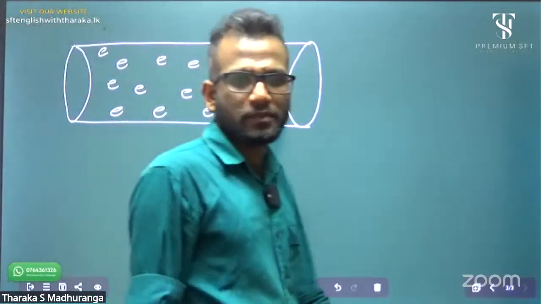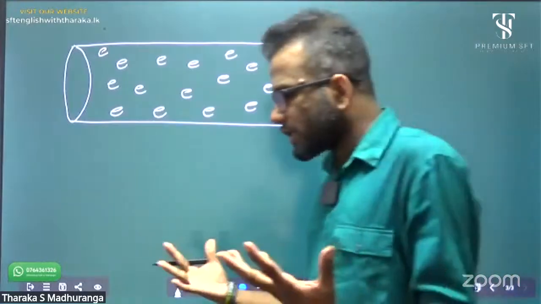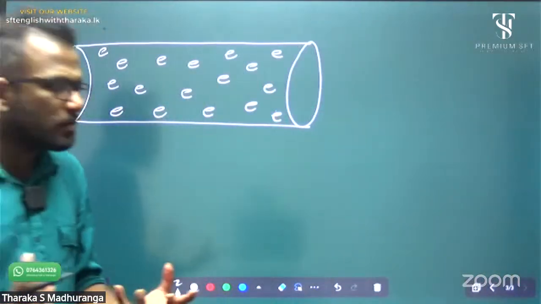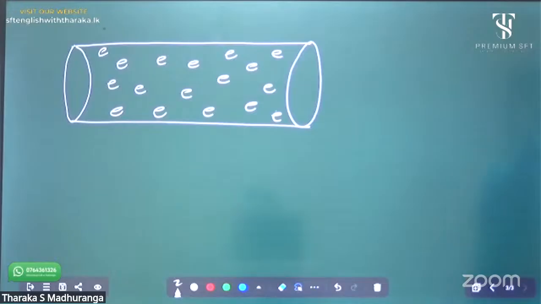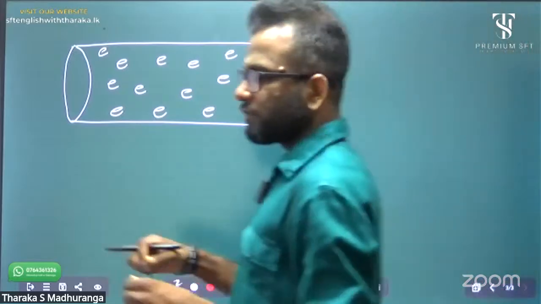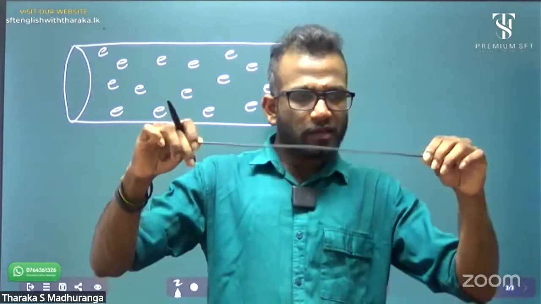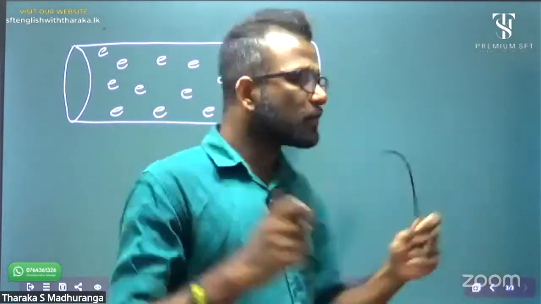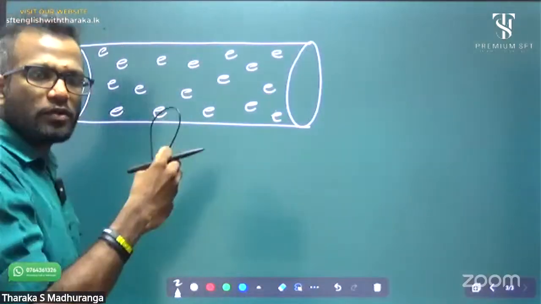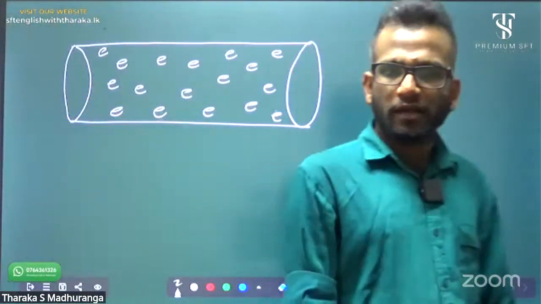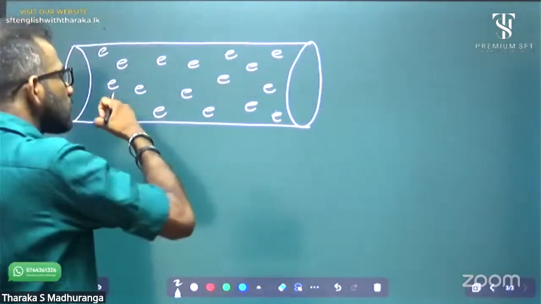If we think about a normal conductor like this copper cable, its free electrons are randomly moving.